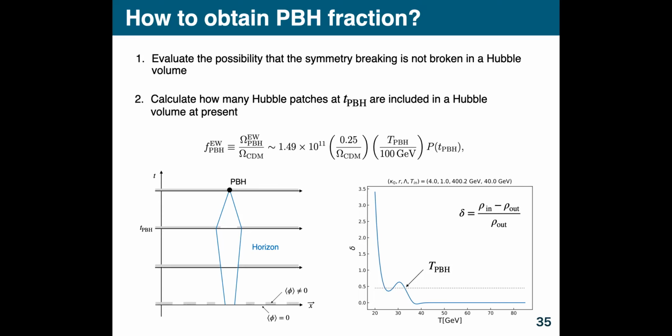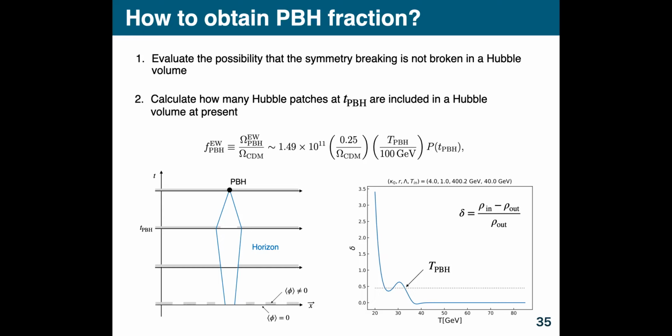This is the current horizon, and we compare it with the Hubble scale when the phase transition occurs.